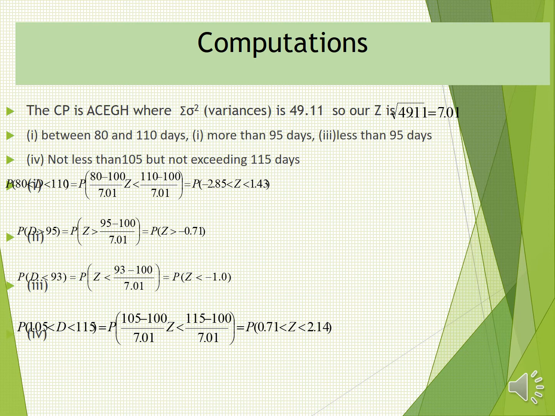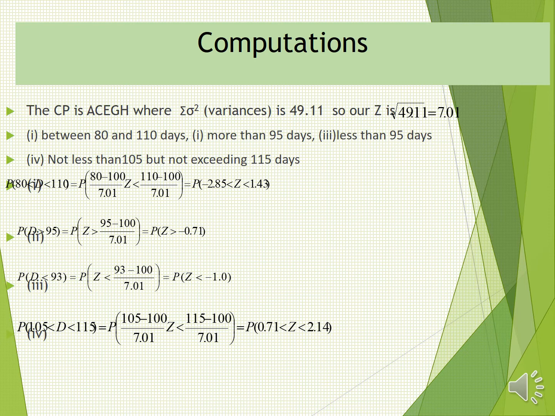The probability that the project will be finished between 80 and 110 is the same as, now I want to convert D to Z. To convert D to Z, we use the Z transformation formula, or we get the Z score.